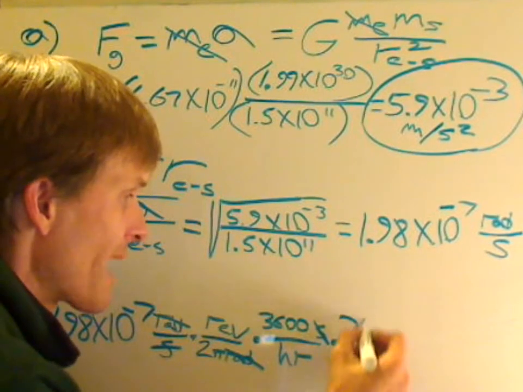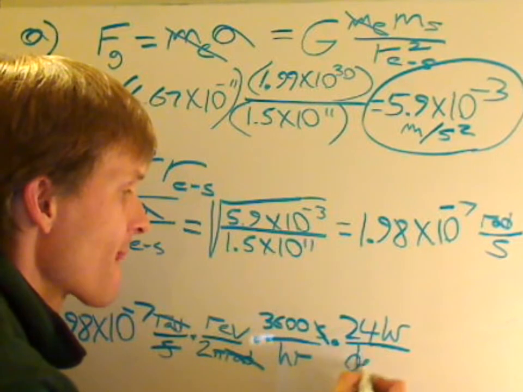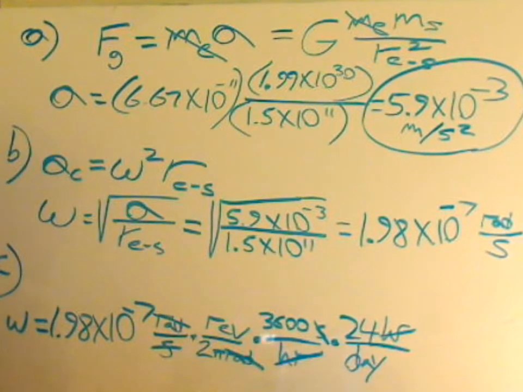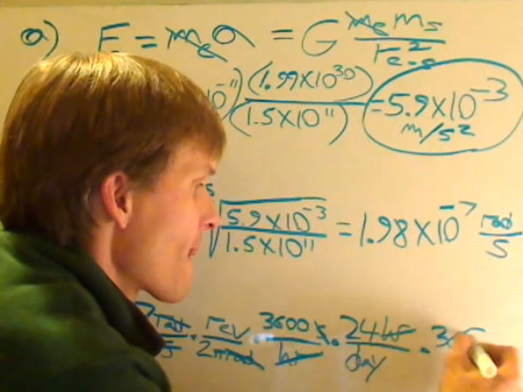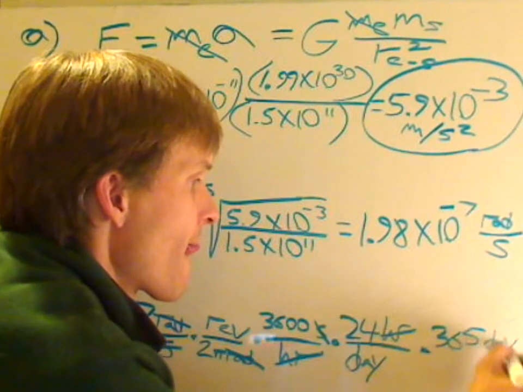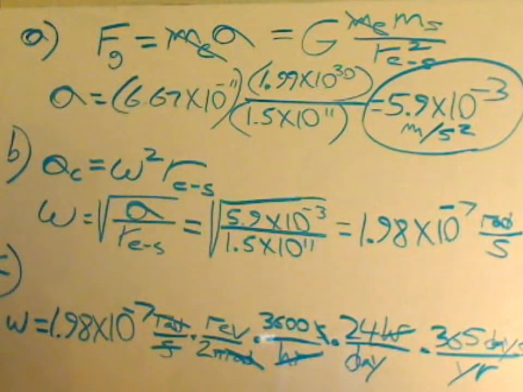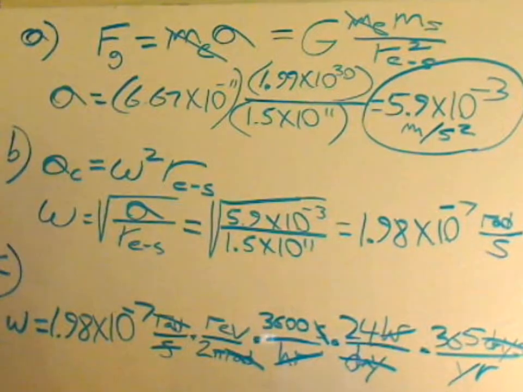There are 24 hours in a day. So the hours cancel. We now have revolutions per day. And there are 365 days in 1 year. Okay? So days cancel, and we're now left with revolutions per year.